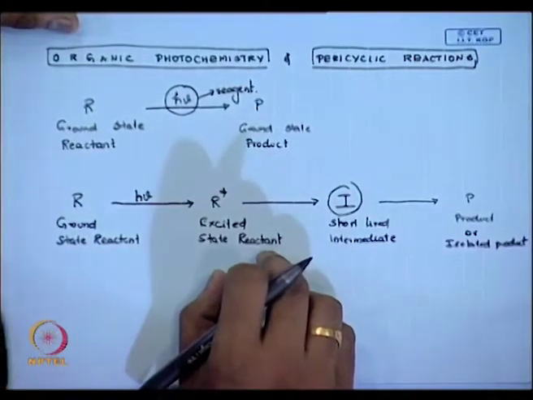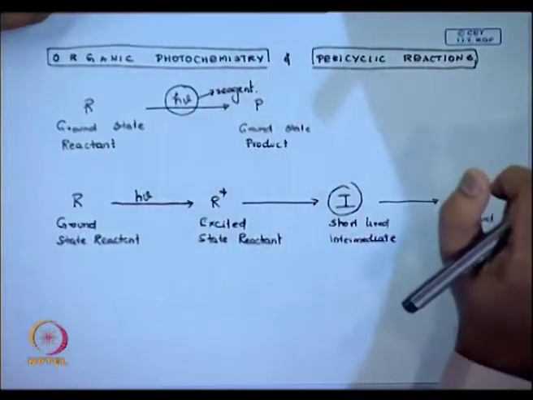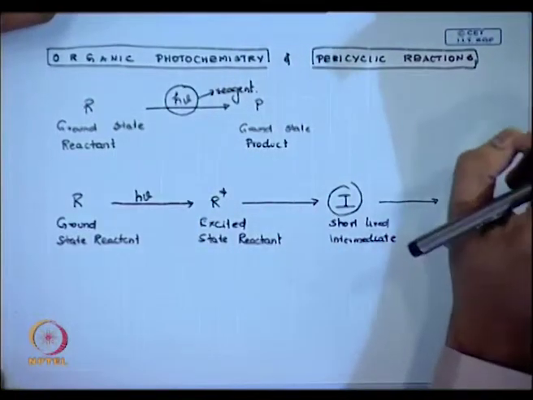This excited state reactant then does an atom transfer or electron transfer, bond breaking or bond making to give you a short lived intermediate like carbene, nitrene or diradicals, and this short lived intermediate can give you the final product P. Is it clear?